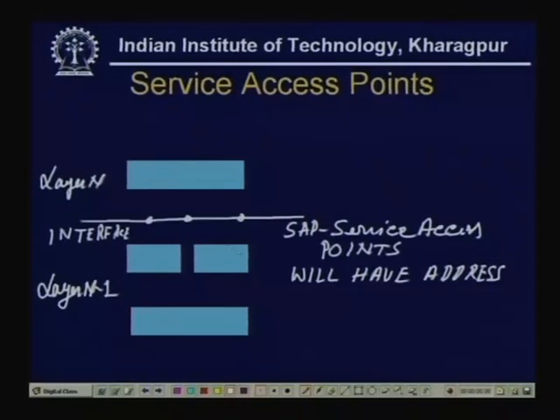So, it is somewhat like that: this is the service provider and this is the service user, and to get service from the service provider, the layer n will send some data. It has got two parts. One is the interface control information, ICI, and the other is the SDU, service data unit.